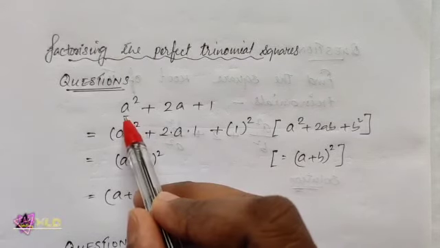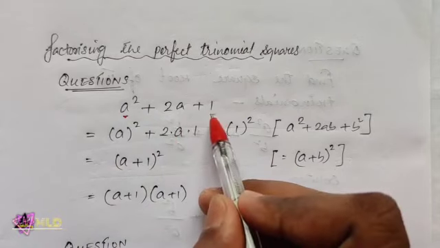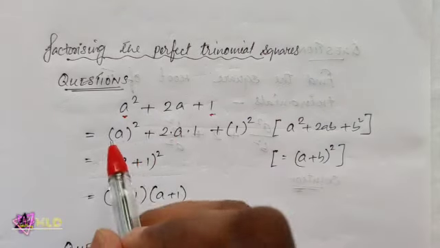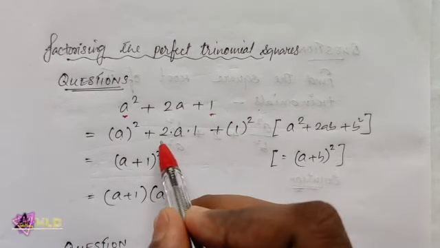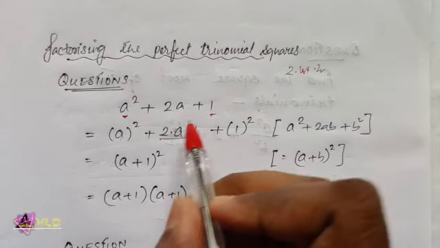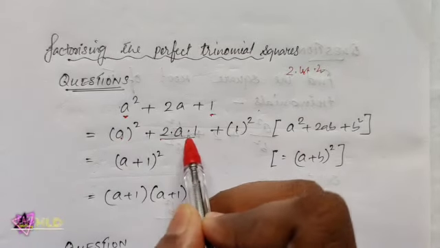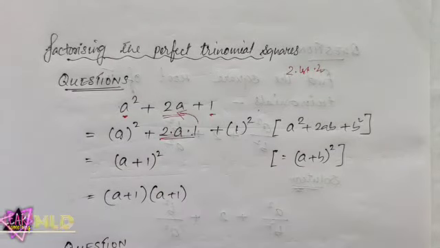Now see, this is itself a square number, and 1 itself is a square number. We know a square gives a square and 1 square gives 1 square. Now for the middle term, you have to measure 2 into first term into second term. This is the first term a, this is the second term 1, and if you multiply you get back the given expression.